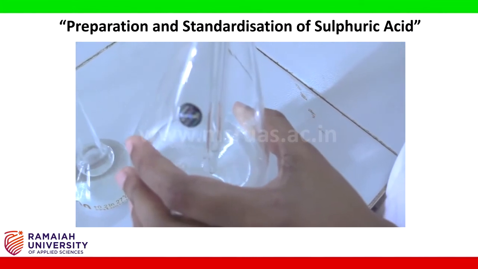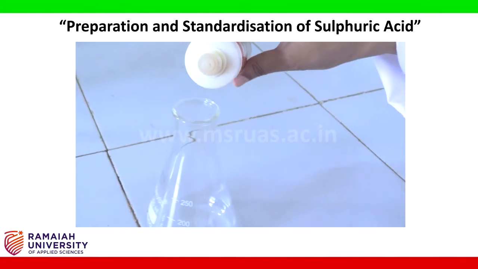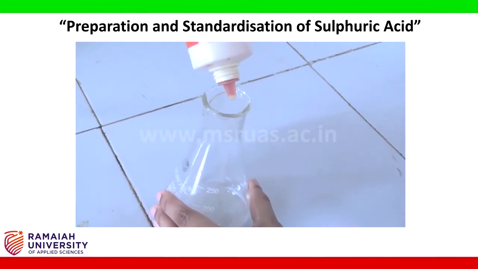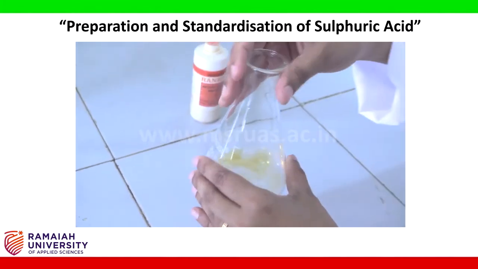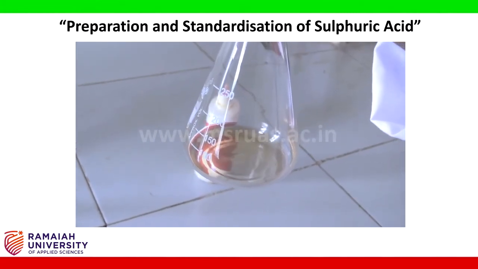Do not blow out the last drop from the pipette. Add few drops of methyl orange indicator to the conical flask. The solution is now yellow in color.